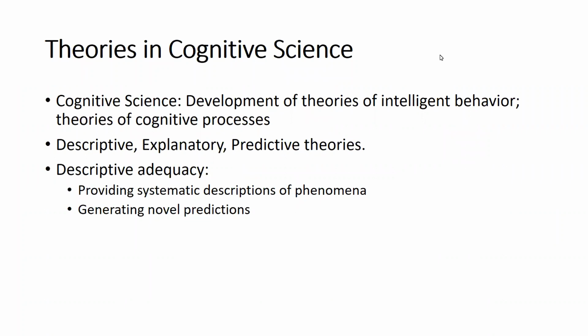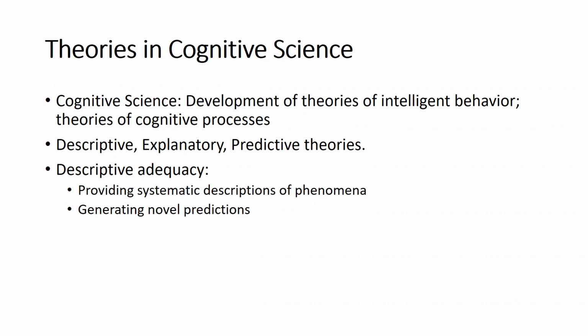Now, coming to cognitive science, I consider myself a cognitive scientist, even though my background is quite interdisciplinary. I am a computer scientist first, and then I went to the business school, and finally I landed in what I think is a wonderful place to be, which is cognitive science. In cognitive science, we aim at developing theories of intelligent behavior or theories of cognitive processes of a particular type of behavior.